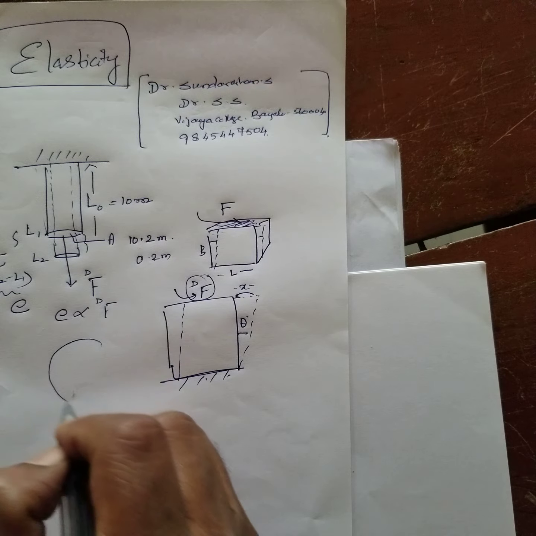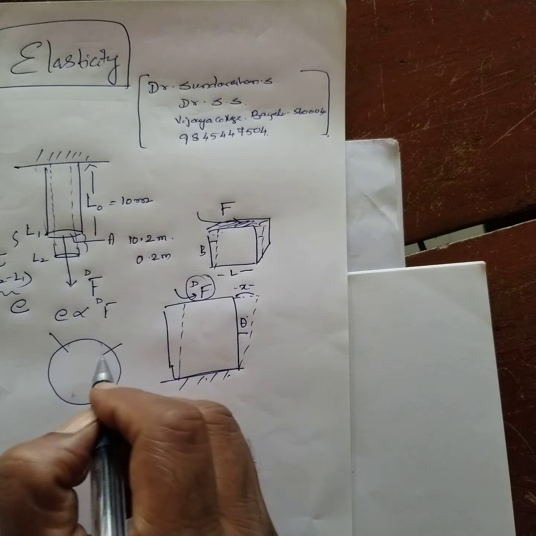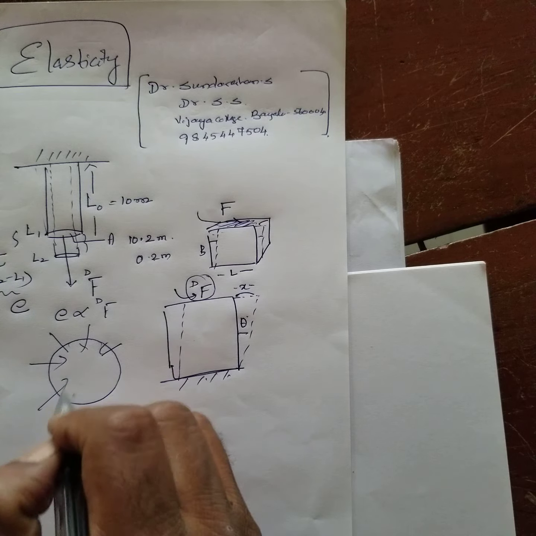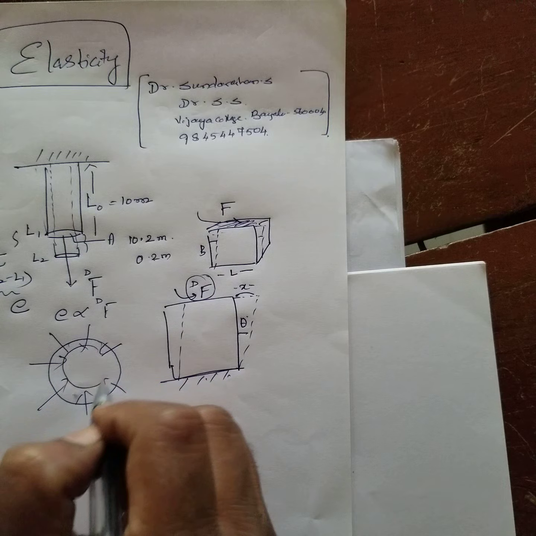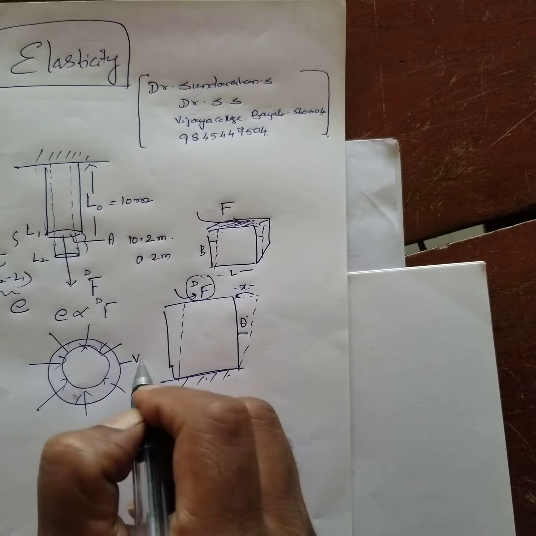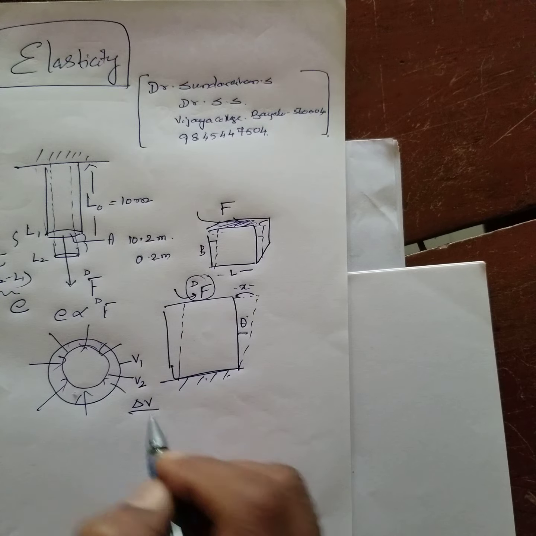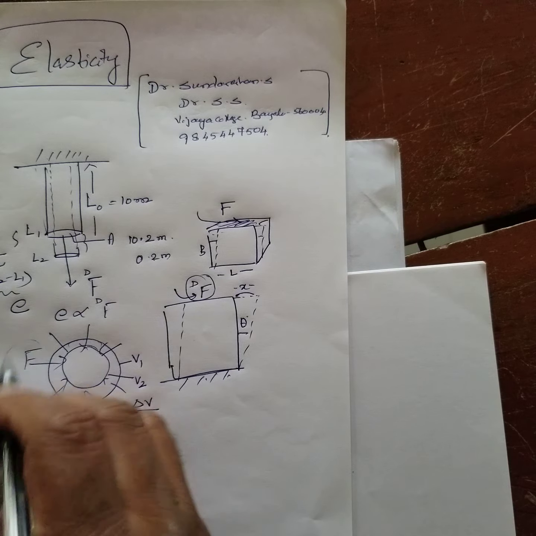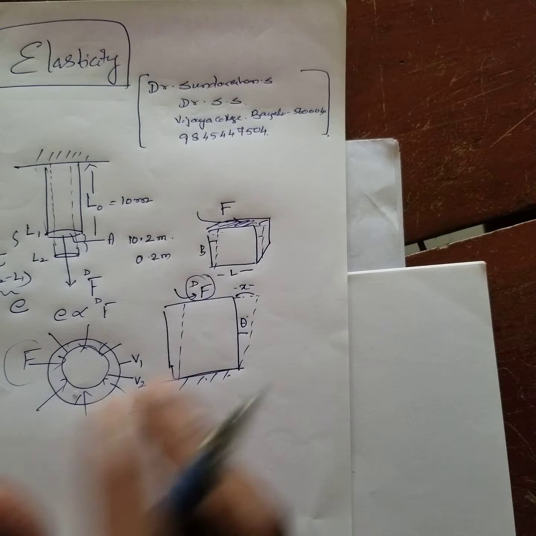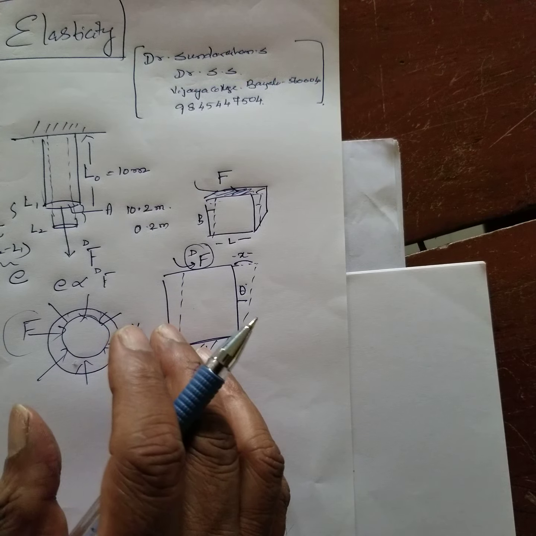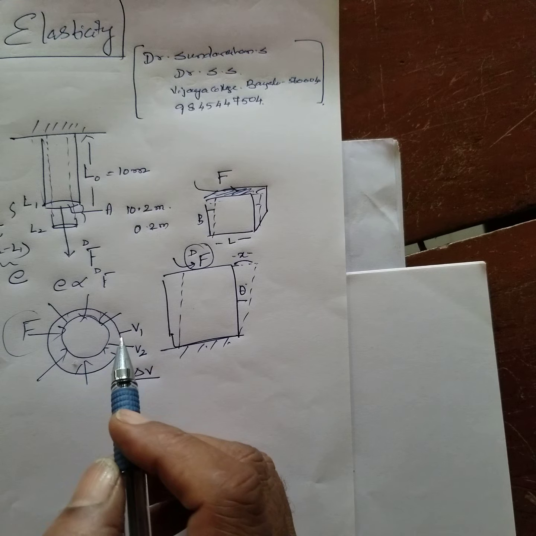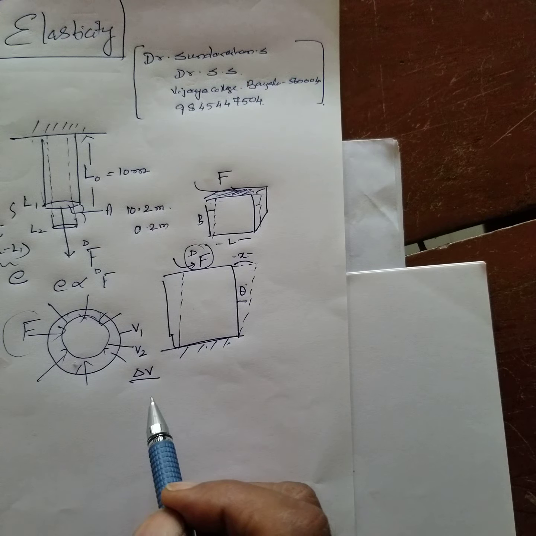Similarly, you take a ball, you compress it in all directions. The volume decreases, original volume and new volume. There is a change in volume because of force acting everywhere. Therefore, in general, you can say all bodies can be deformed by applying a suitable force.